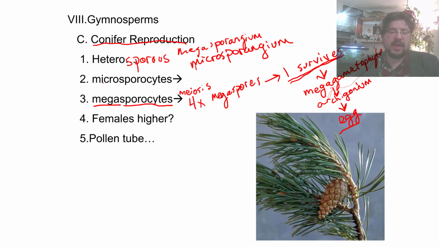The microsporangium produces the microsporocyte. The microsporocyte undergoes meiosis to get us 4 microspores. And inside each microspore, we develop the microgametophyte, and that microgametophyte produces the sperm nucleus.